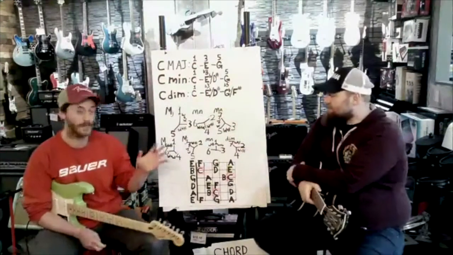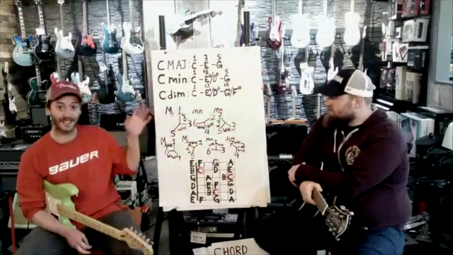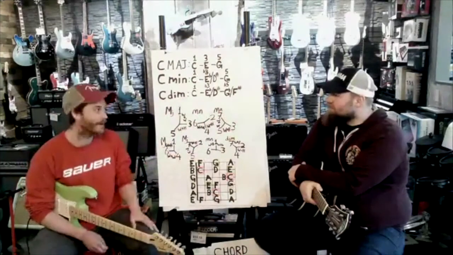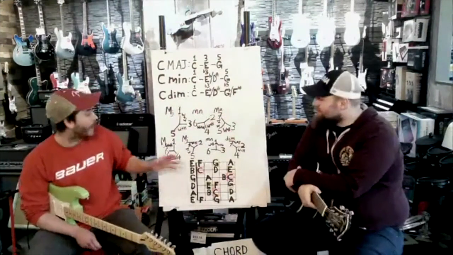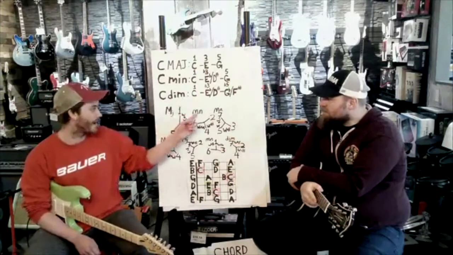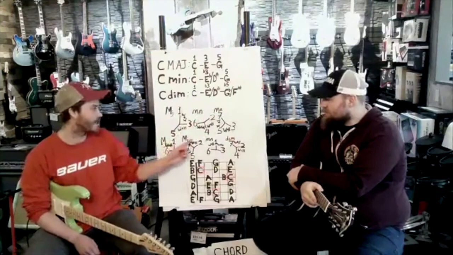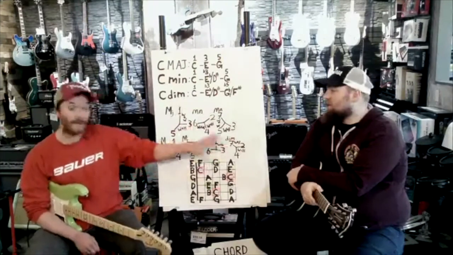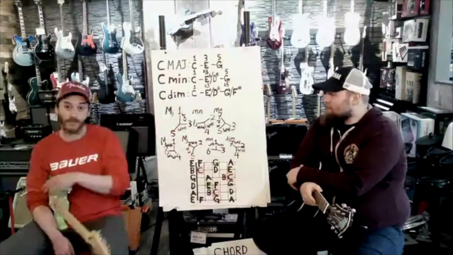So if all of these wheels and numbers are getting a little bit confusing, which I wouldn't blame you guys if it was, one thing you can just remember is this pattern of major, minor, minor, major, major, minor, diminished. Because that pattern is going to stay the same for every major scale.